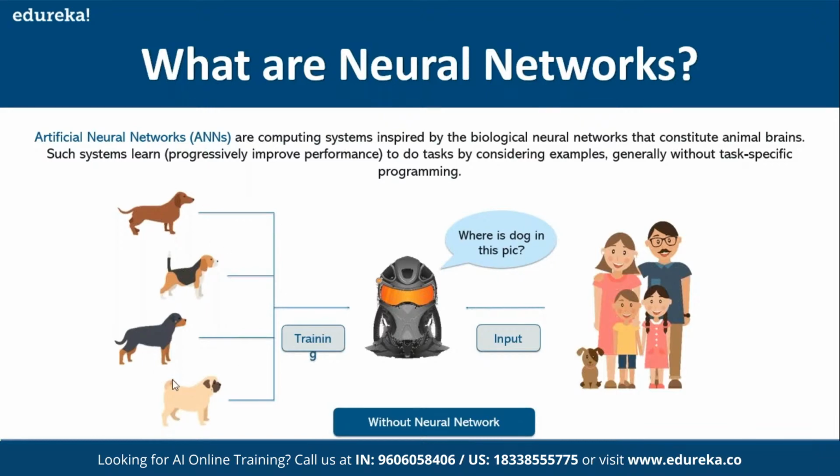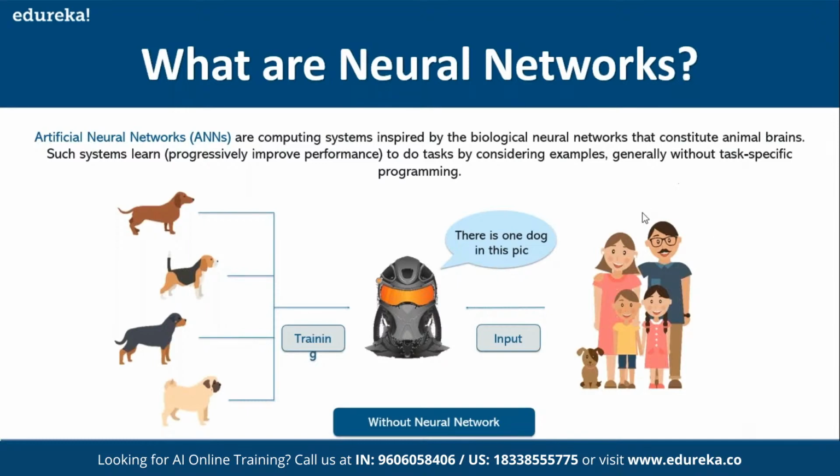But the dog in this photo versus the dogs with which we trained the application is very different, which means in spite of training an application on various images of dogs, a regular machine learning algorithm which can handle structured data fails. It will not be able to identify there is a dog in this picture.